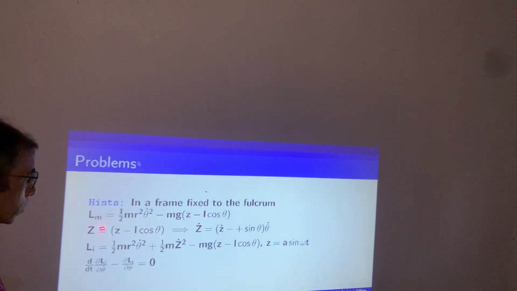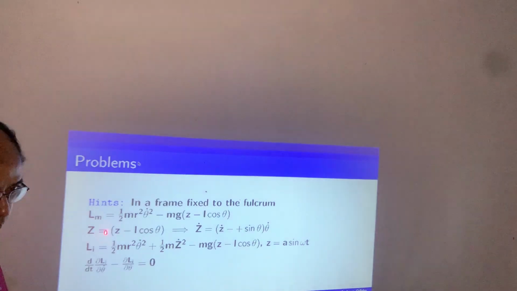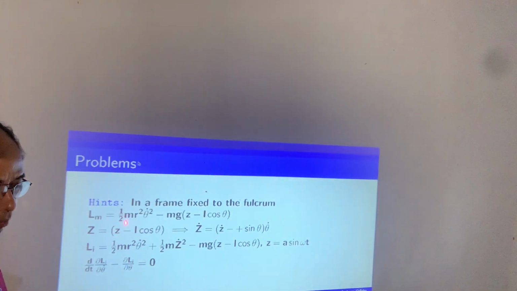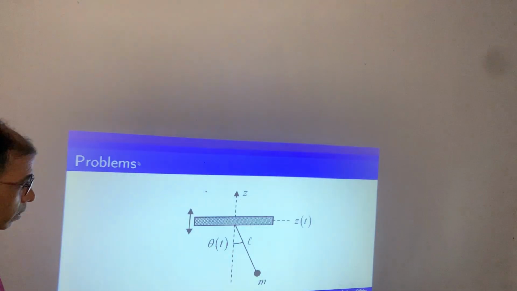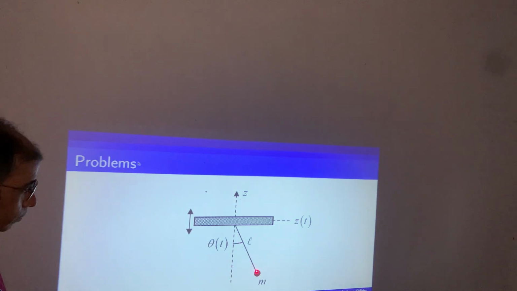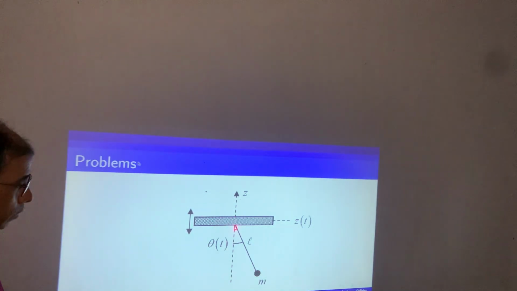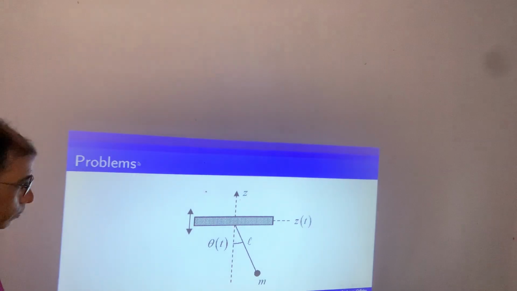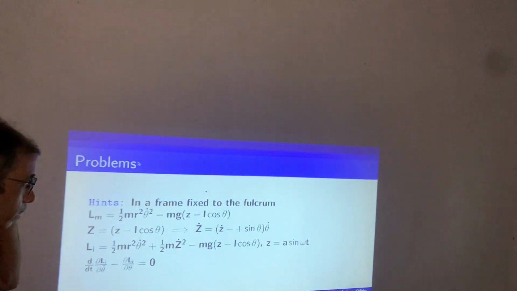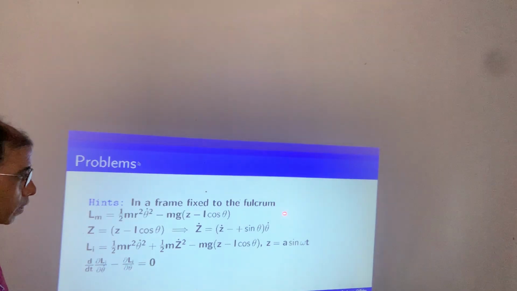What is important here is that this z dot matters, because now there will be a kinetic energy in this direction because of the oscillation of this point of suspension. So we have to find Z dot, and then Z dot square.